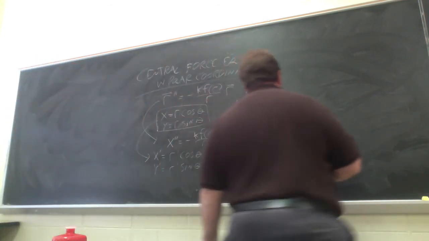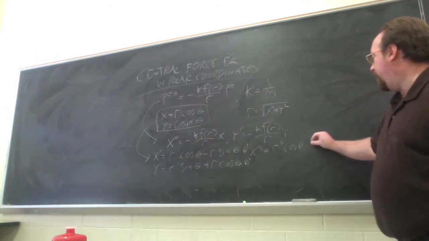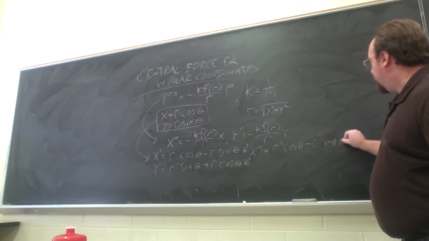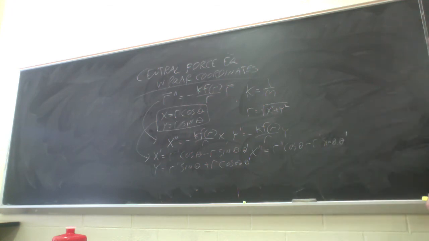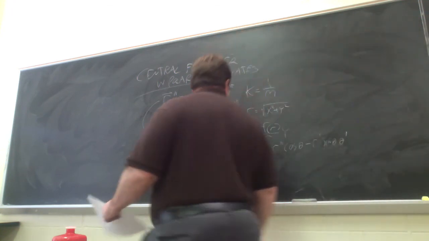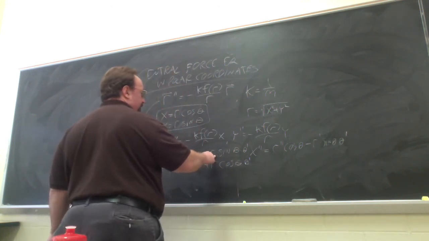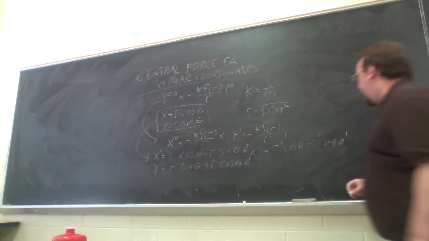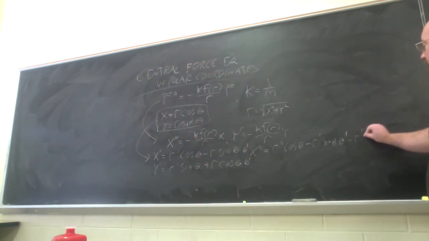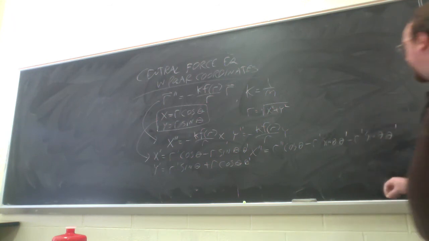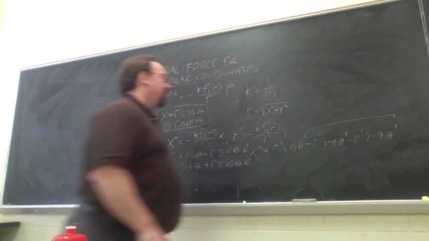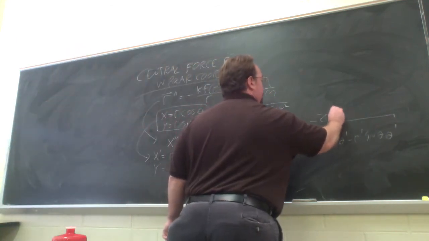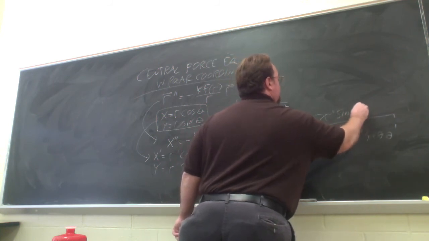So here I need r double prime cosine minus r prime sine theta, theta prime, and then when I differentiate this, I have to use a product rule, and that's going to give me three terms because I have three things multiplied together. So I have minus r prime sine theta, theta prime, but these two terms are going to combine to give me minus 2 r prime sine theta times theta prime.